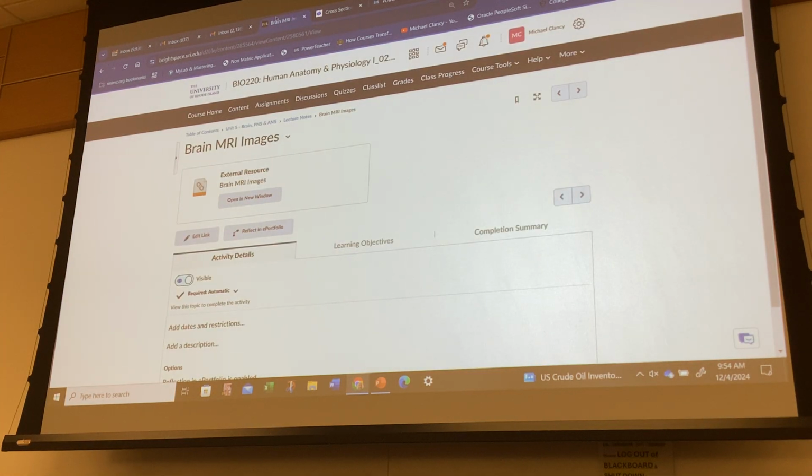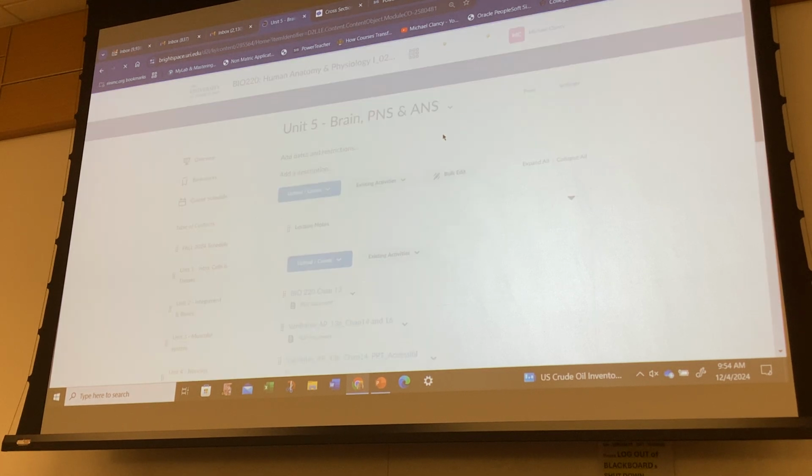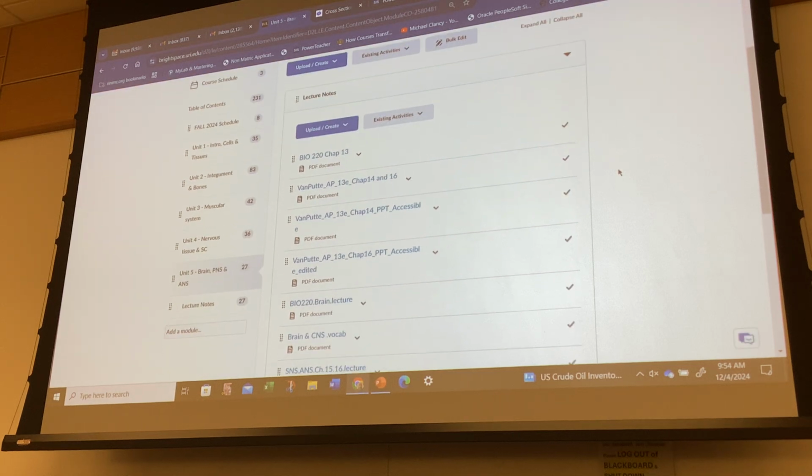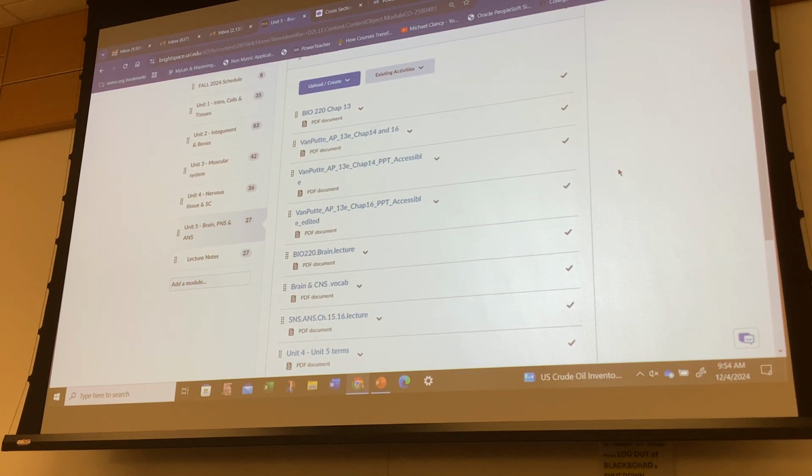So I want to bring you back to the things that I've shown you for Unit 5. So in terms of the way that I've organized this class, we've already talked about chapter 13, which is the brain. The next unit, the next week, we're going to be talking about two chapters, chapters 14 and 16.